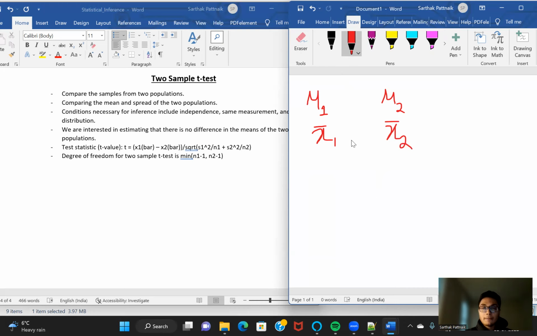In our previous example, we had S, which was the sample standard deviation. Here also we'll have two sample standard deviations, S1 and S2. The number of observations in a sample, represented by n, will here be n1 and n2. So these are the common notations that we'll be using throughout our discussion on two-sample t-test.